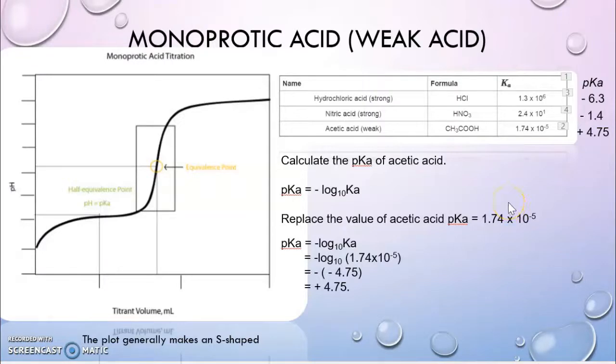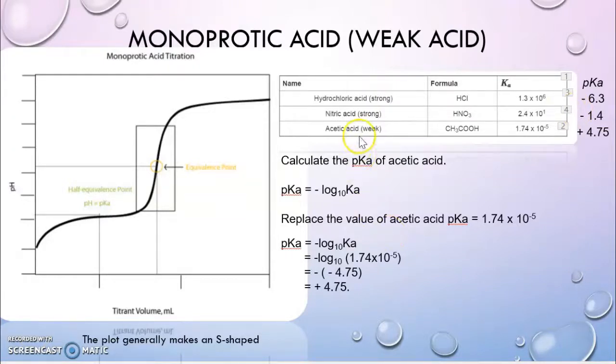Here we try to compare with the pKa value of strong acids. Two examples are shown here. The first is hydrochloric acid. The pKa value is negative 6.3. And the second example of a strong acid is nitric acid, having the pKa value of negative 1.4.